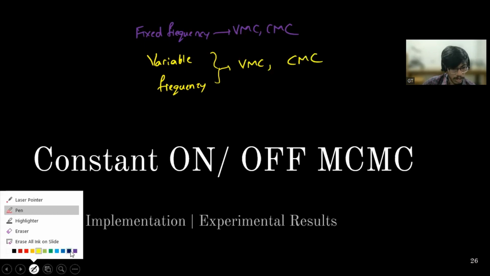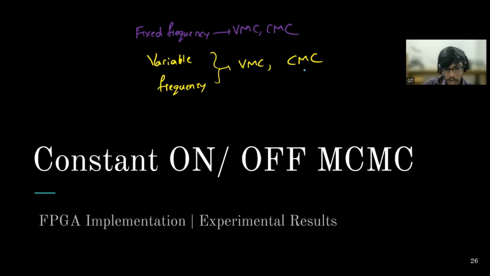So in current mode control, we look into two things. One is the constant on time. The other one is the constant off time. In the first part, we'll not go into the Verilog part as it has not been discussed.